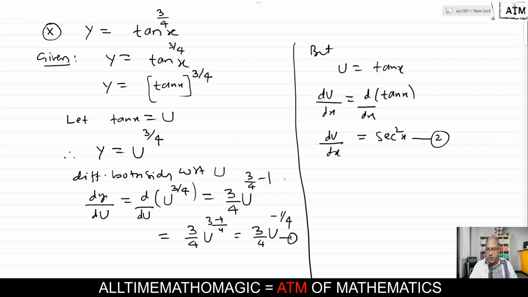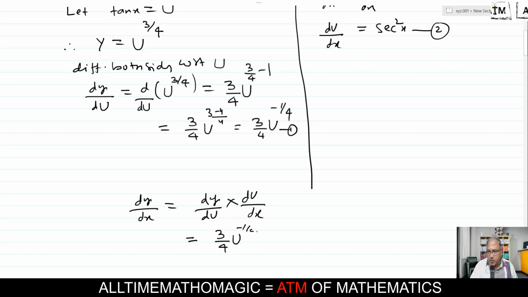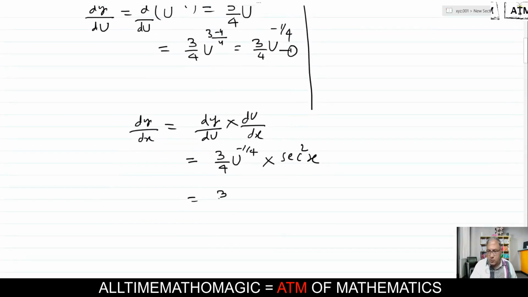Now dy by dx is nothing but the multiplication of result 1 and result 2, that is dy by du and du by dx, multiplying both of them. So dy by du is nothing but 3 upon 4 u raised to minus 1 by 4 into sec square x. Now this equals 3 upon 4 and 1 upon u raised to 1 upon 4 into sec square x.